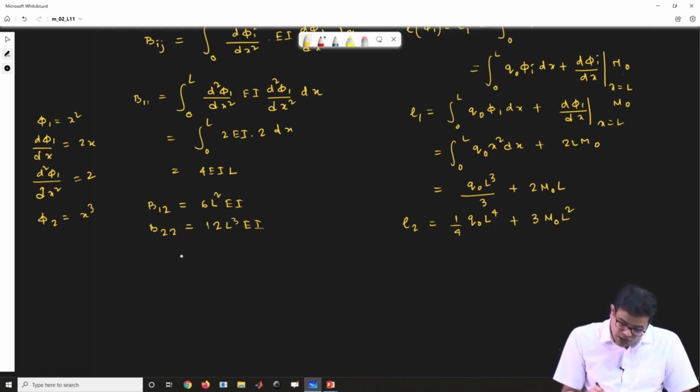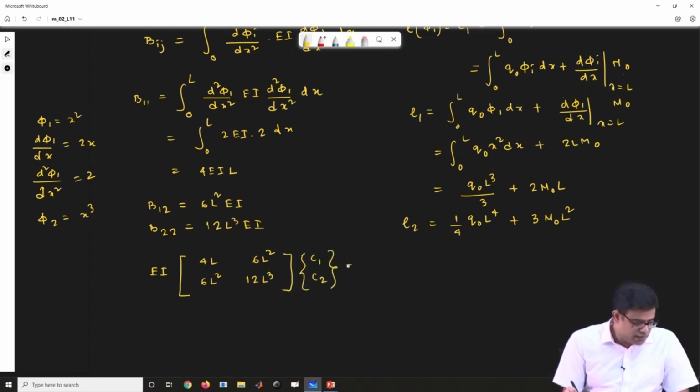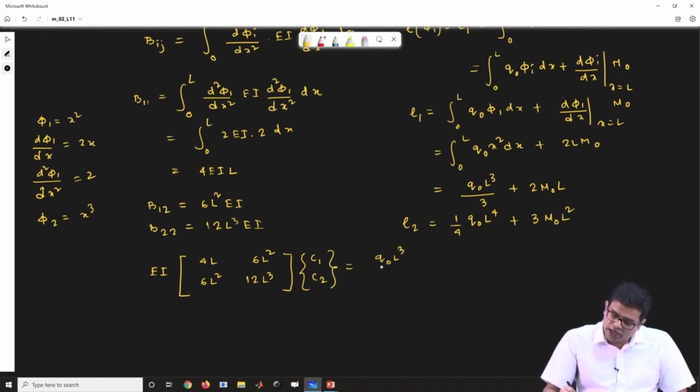So finally my equation is now B11. So let me write directly what is the equation. So this is EI I can take common, so that is 4L, 6L square, and then 6L square, 12L cube into C1, C2 that is equal to Q0 L cube by 12.